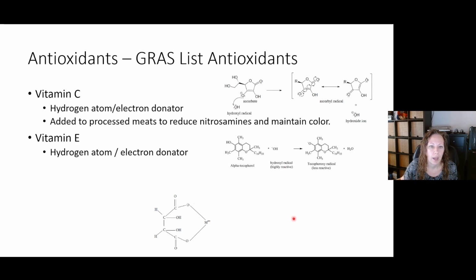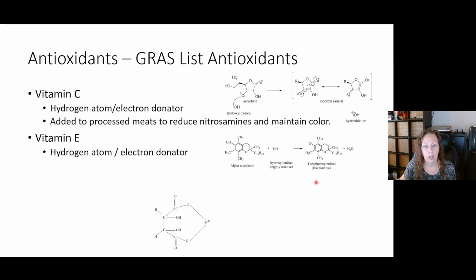And what happens here is, make sure I'm looking at the right spot. Okay, I was trying to find the hydrogen that it's donating. So the hydrogen is on this hydroxyl group here, okay, and it donates it to the hydroxyl radical, which then becomes water.